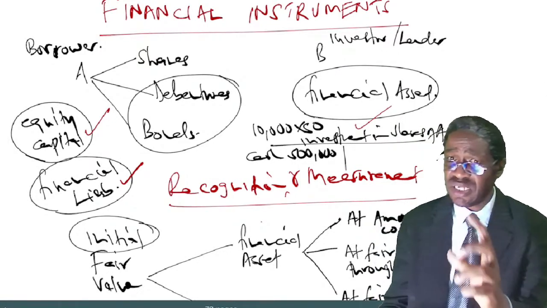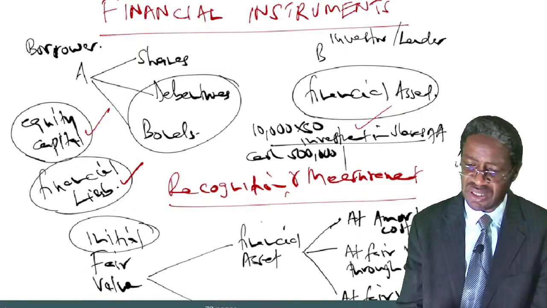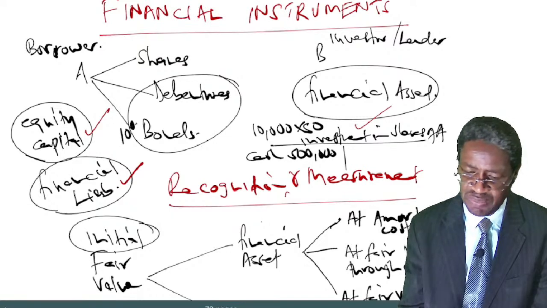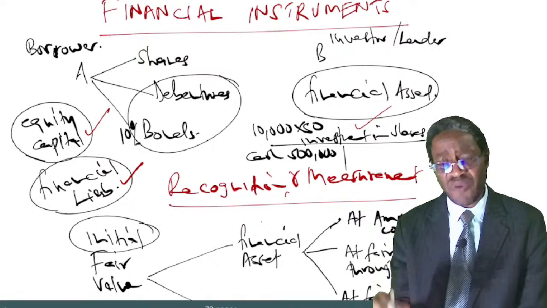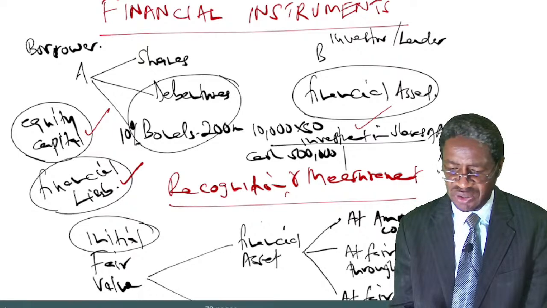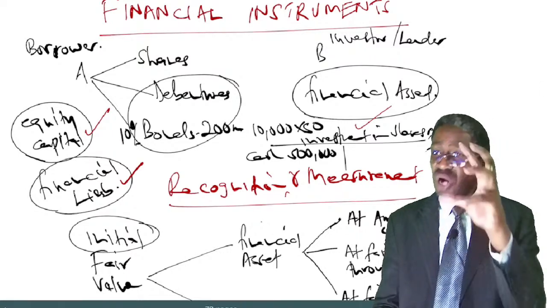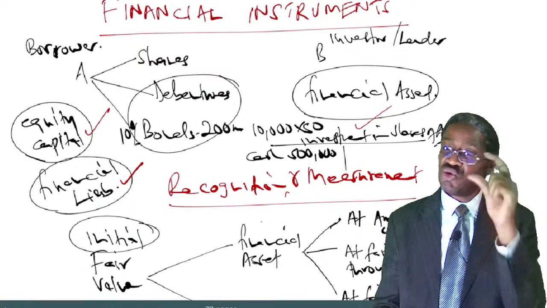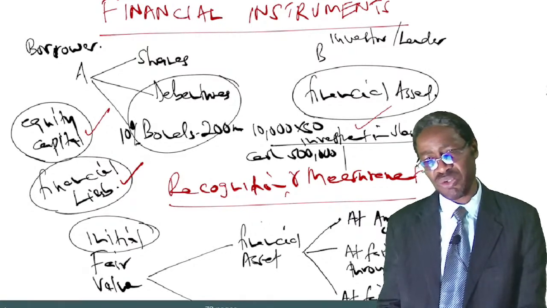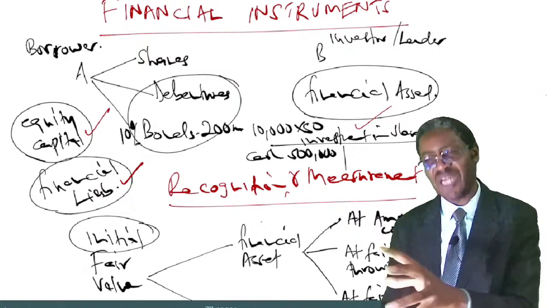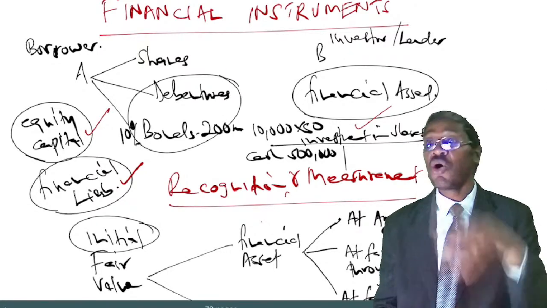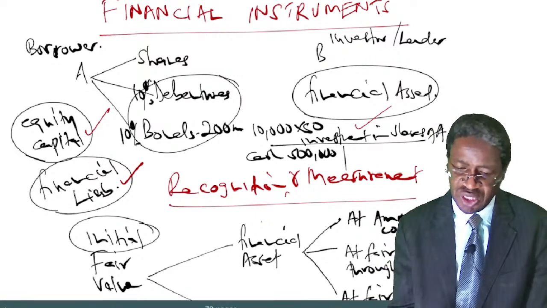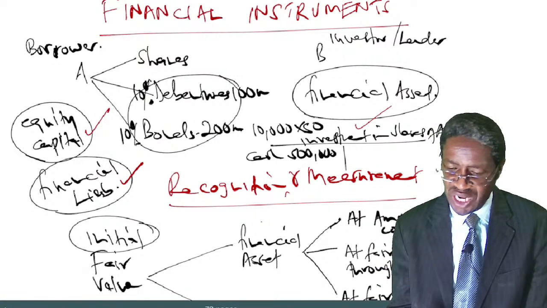You decided you're going to raise finance by issuing this 10% bond, whose nominal value may be 100 million. Or you issued a 10% debenture, let us assume, whose nominal value was 100 million.